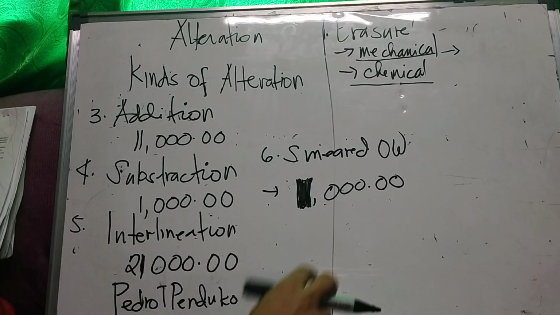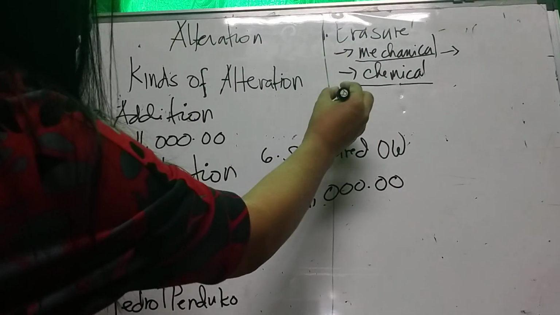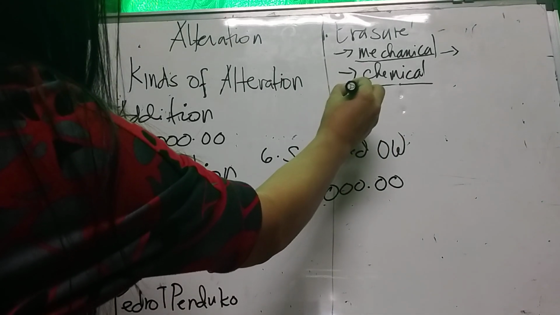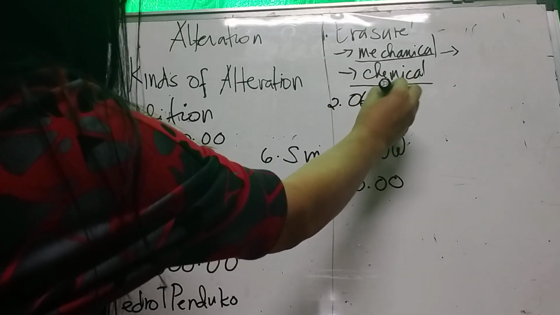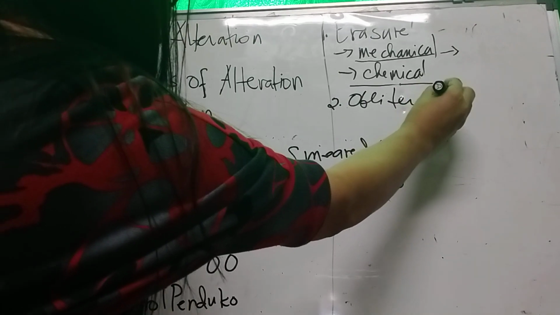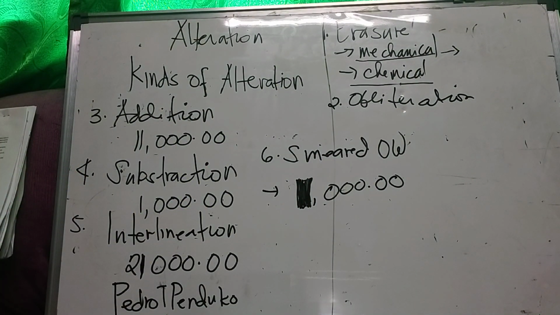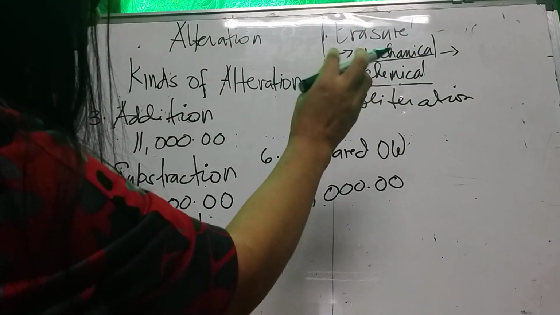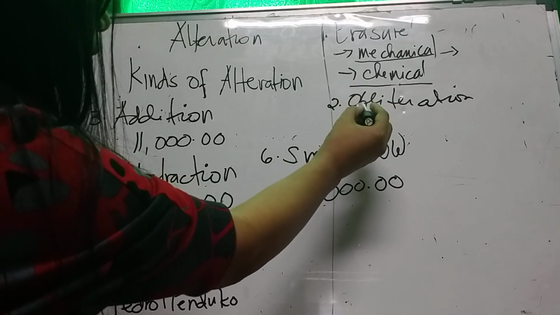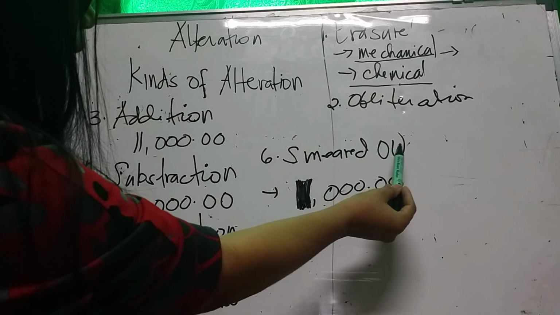Okay, next. Number 2 is obliteration. Under obliteration, anong ibig sabihin nito? This is the smearing over of a writing to make the original invisible or unreadable. Pareho lang naman yung obliteration and smeared over writing.